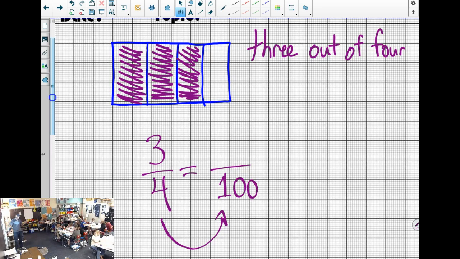Does it easily turn into 100? Yes. So show the work. Do that multiplication, that division, whatever you're doing. How many 4s does it take to make 100? 25. And if we did it on the bottom, we had to do it on the top. And we get 75.